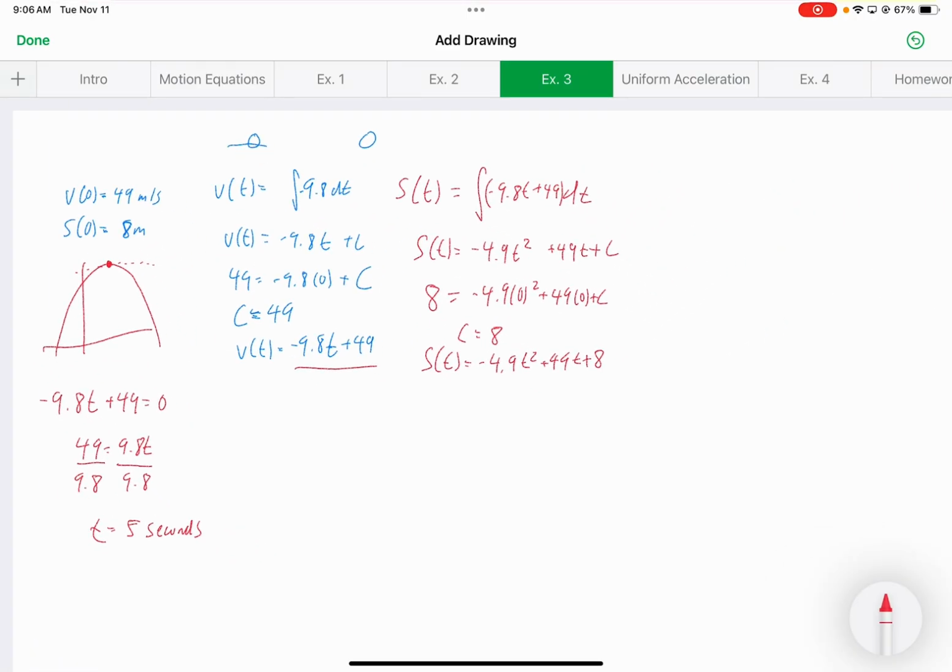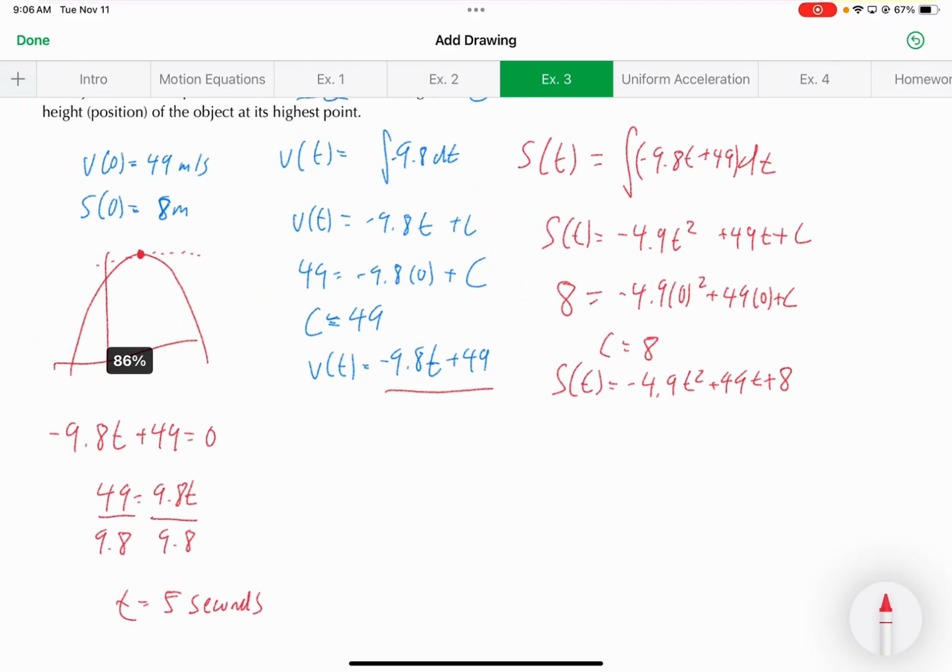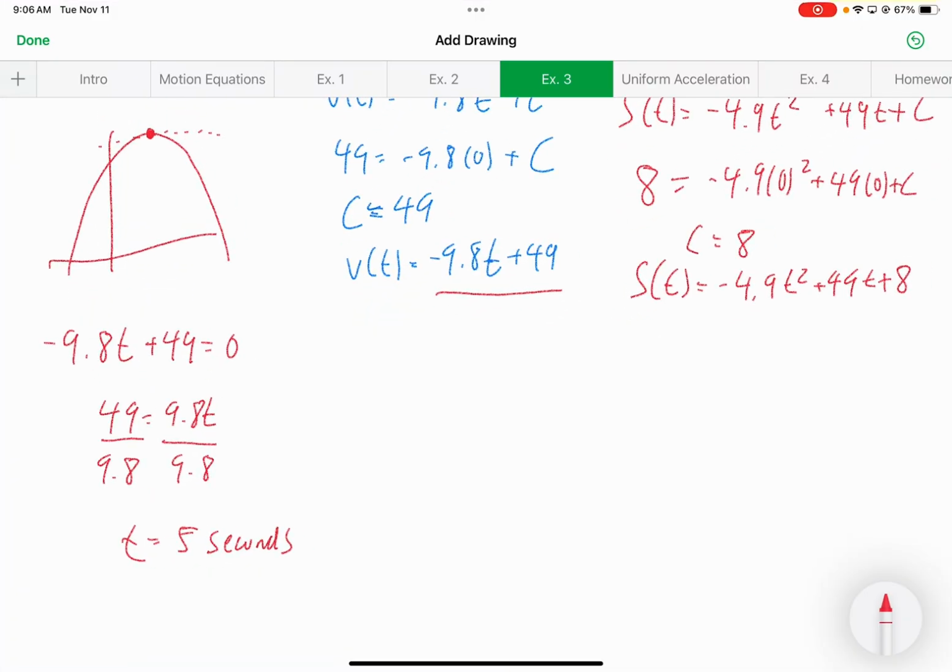So that's the time at which it reaches its max height. Let's actually find what the max height is. So then I would do s of 5. Negative 4.9 times 5 squared plus 49 times 5 plus 8.